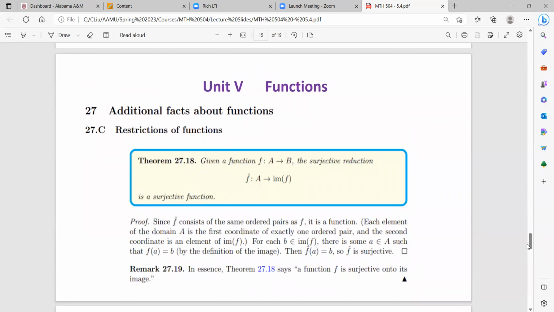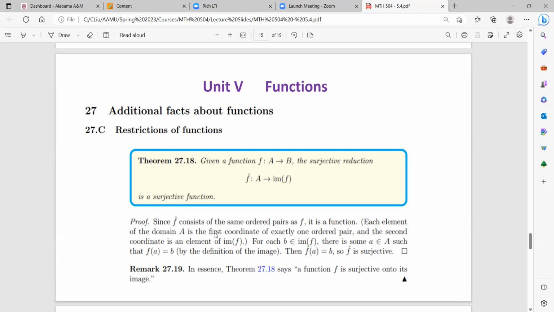There are some results about these restricted functions. They're pretty obvious. The first theorem says, if we have a function f from A to B, then the surjective reduction from A to the image of f is a surjective function, as we already talked about.